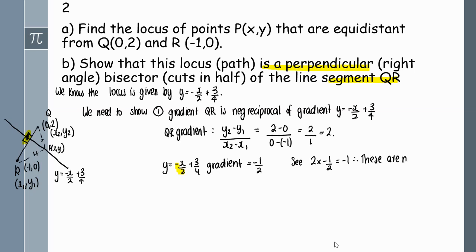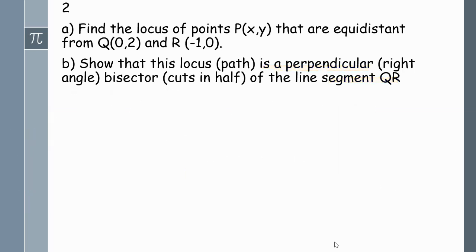So I can conclude that these lines do meet at 90 degrees and are perpendicular. Next part of the question. This time I have to show that the locus or the path bisects the line segment QR.